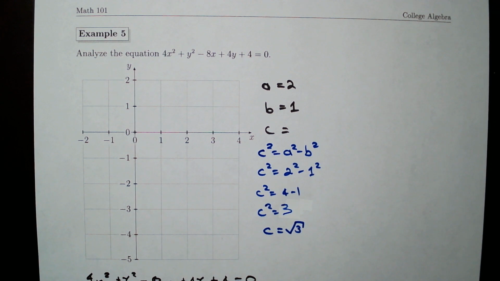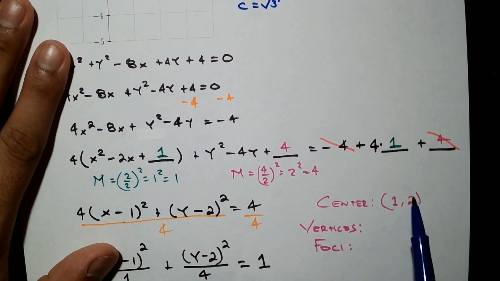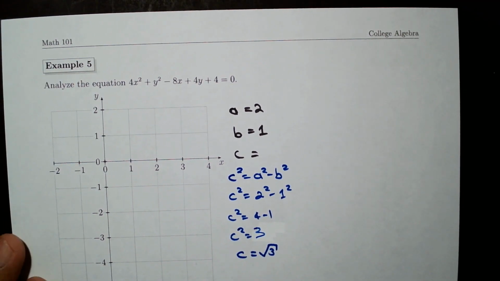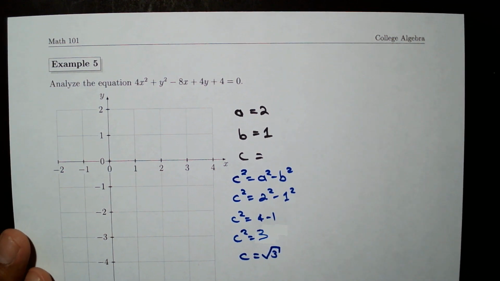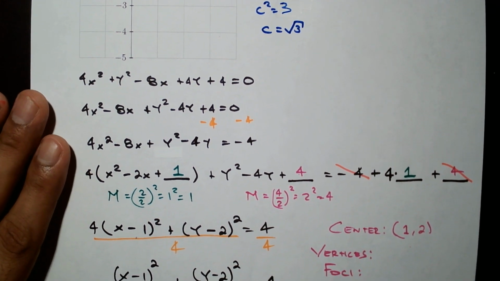So let's see. I'm going to start by plotting the center, which we stated here already. That's 1, 2. All right. Looks like, you know what, I think I messed something up. Okay, let me go back to the equation.